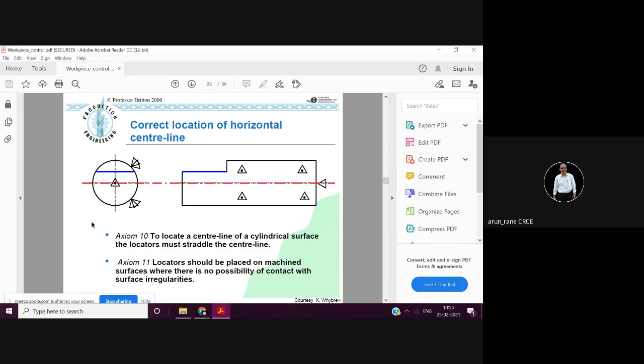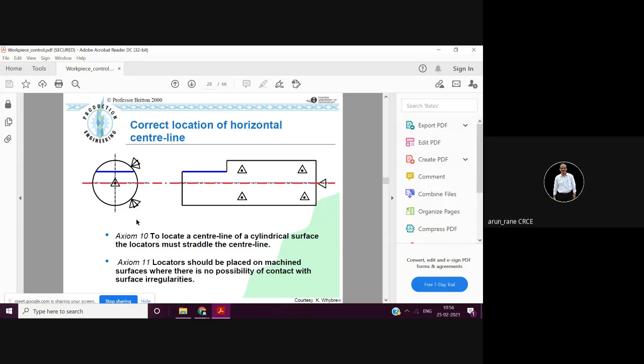Even if 20 becomes 21, or 20 becomes 19 or 18, the center line is going to shift in this direction, the x direction. It will not shift in this direction. If I place the locators like this, the center line is going to shift like this. So depending upon how the dimension is given, you have to place the locator. In this case, if I want to maintain this distance 5.00 plus minus 0.05, then I have to keep the locators like this.